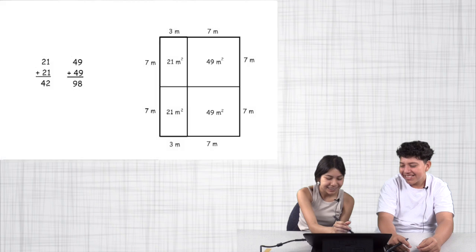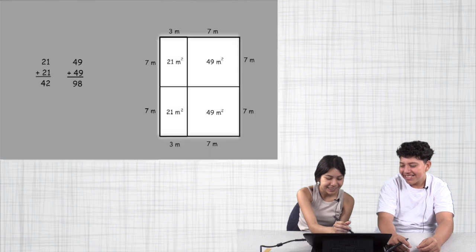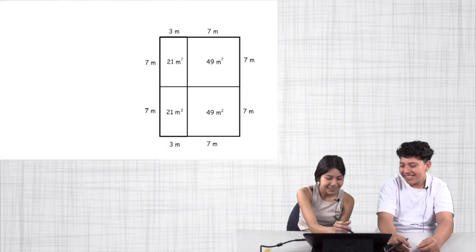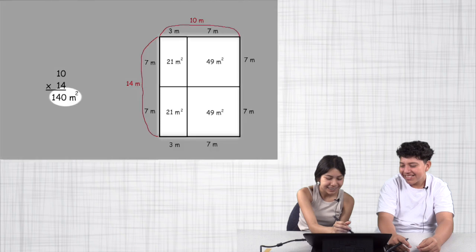They concluded that the area of Ariana's new garden is 140 meters squared. In their second method, Mauricio and Emily found the width of the new garden and multiplied it by the length of the new garden. They got the same result for the area as they did with the first method: 140 meters squared.